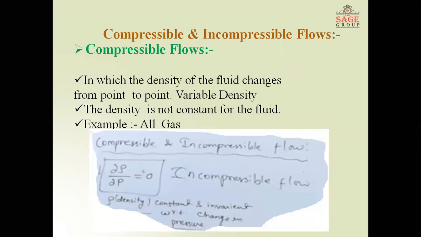Compressible and incompressible flow. In compressible flow, the density of fluid changes from point to point. It has variable density, which means the density is not constant for the fluid. For example, all gases are the best example of compressible flow.